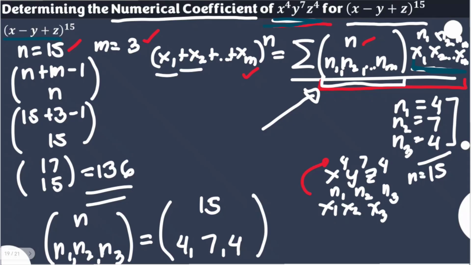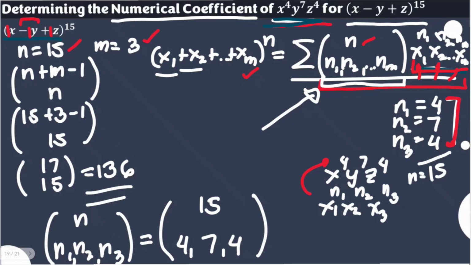Yes, x has a numerical coefficient of 1. Z has a numerical coefficient of 1. But for y, the numerical coefficient is actually negative 1. What's the purpose for that? The purpose of that is looking into this formula here where our terms are raised into exponents similar to this, or these are the exponents.